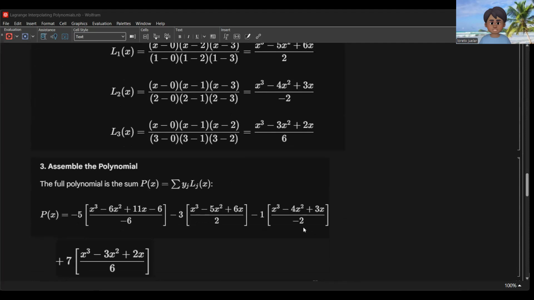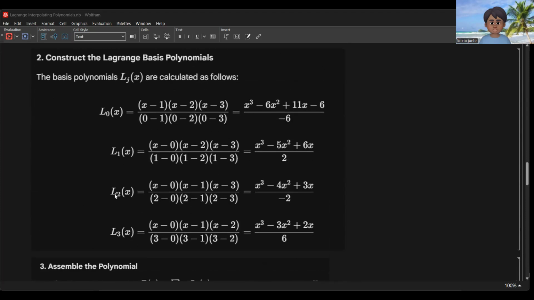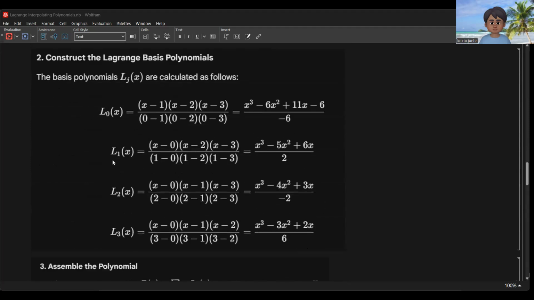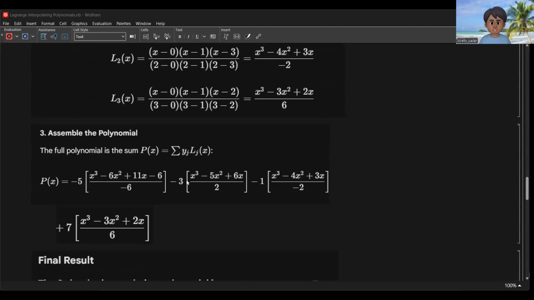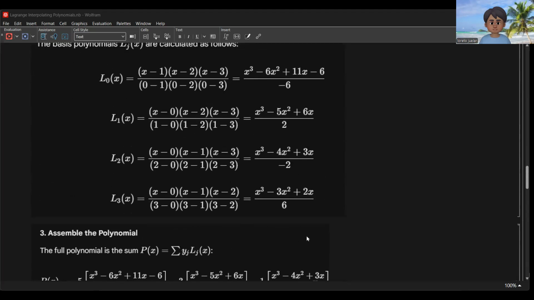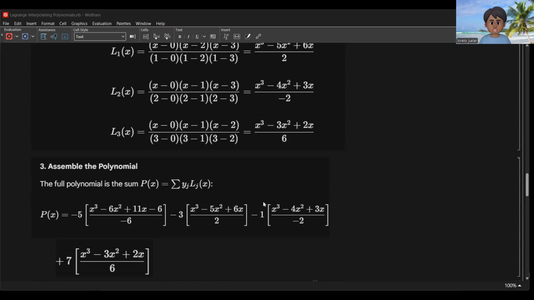So the full polynomial is the sum. p of x here: we have the -5 times l sub 0 of x, then l sub 1 multiplied by -3, then -1 multiplied by l sub 2, then 7 multiplied by l sub 3 here.